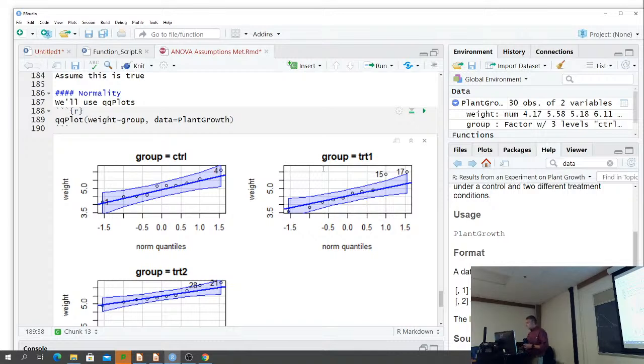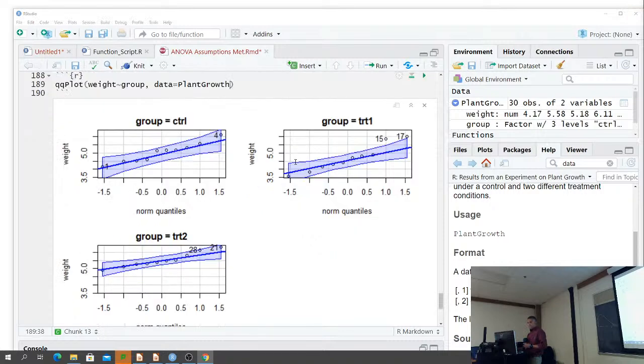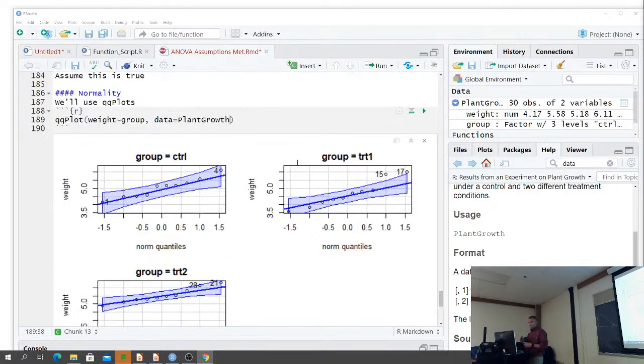I think it's big enough that we can see every single one. So do you think we met the assumption? Yeah, with 10 data points, you have to be really skewed. Normally what you would get is a difference of scale, where you've got one group that spans a very, very large range.